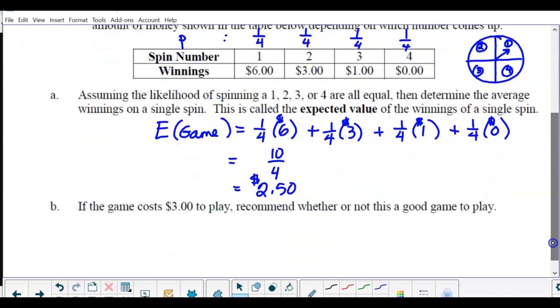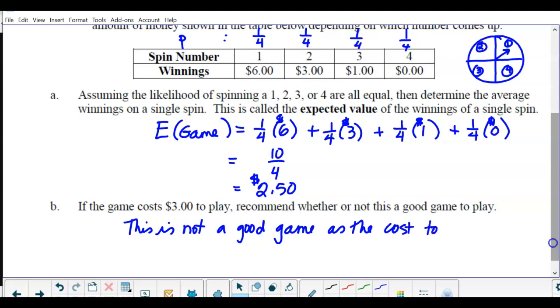So this is not a good game, because the cost to play is higher than the expected value.